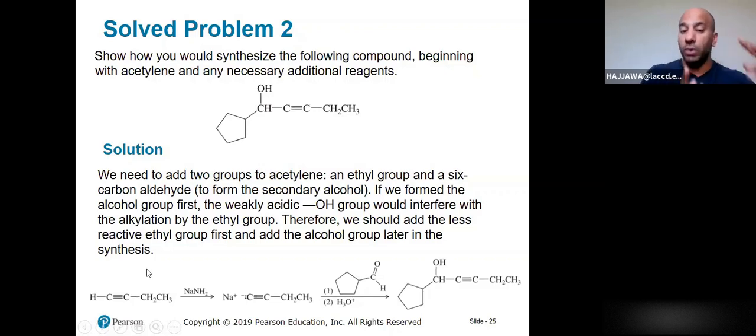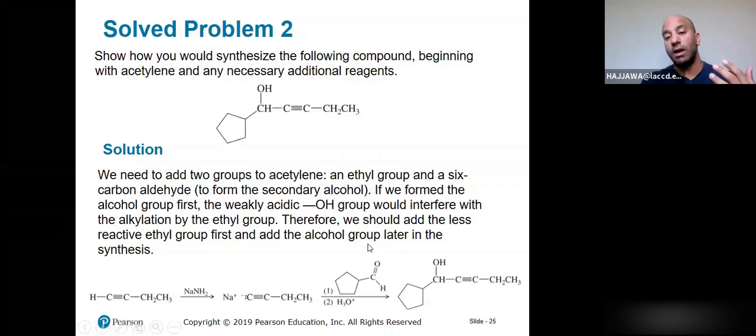And once we make that but-1-yne, we react with sodium amide to give you the acetylide that's ready to attack the aldehyde, the cyclopentane carbaldehyde. This aldehyde will go through nucleophilic addition with the acetylide, followed by H3O+ will give you the acetylenic alcohol.